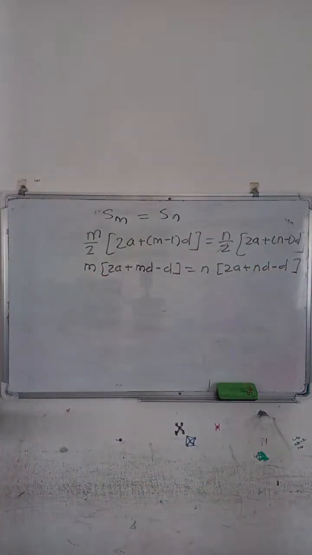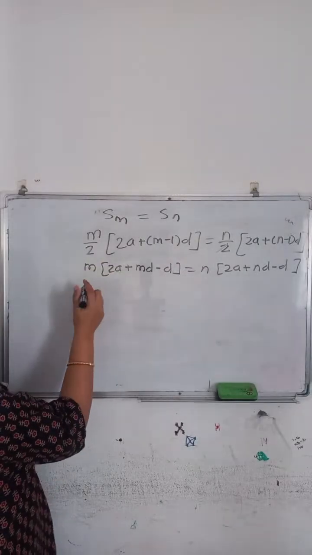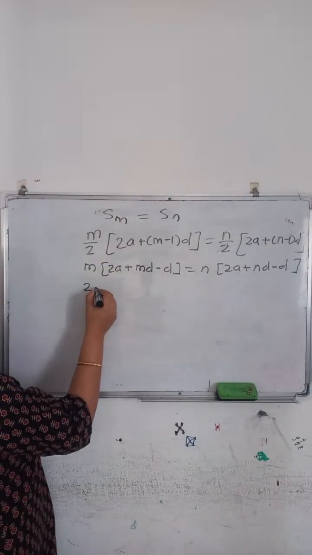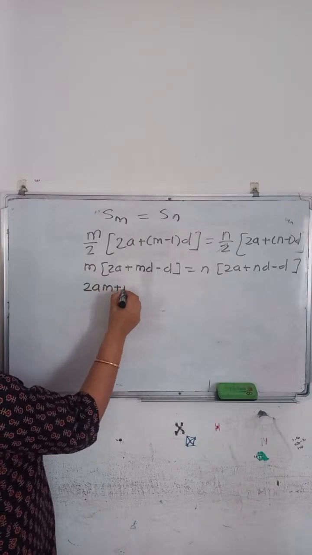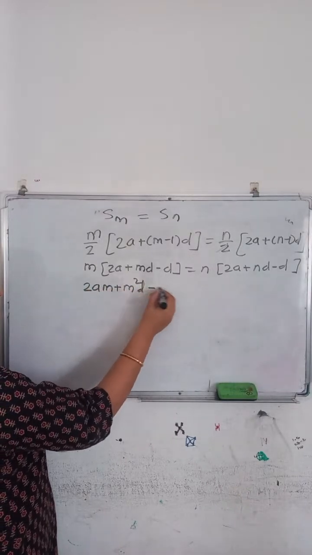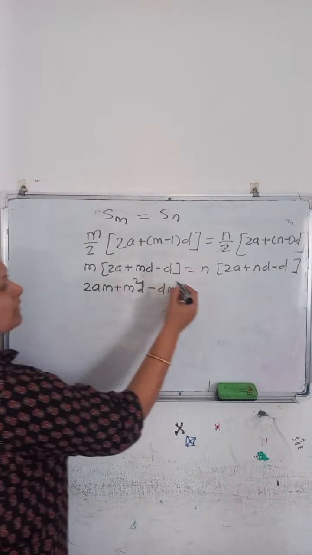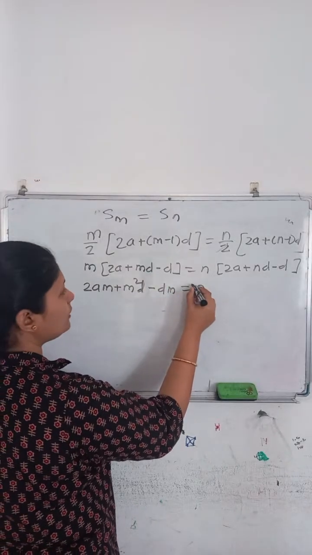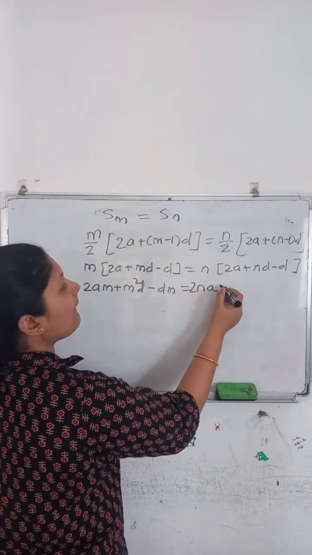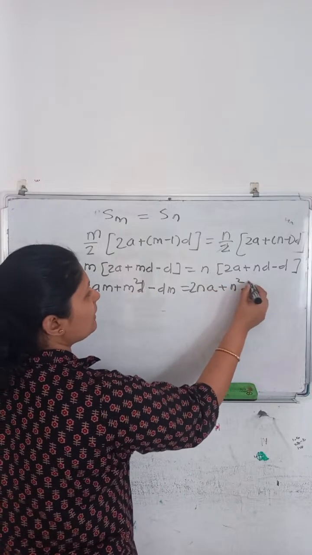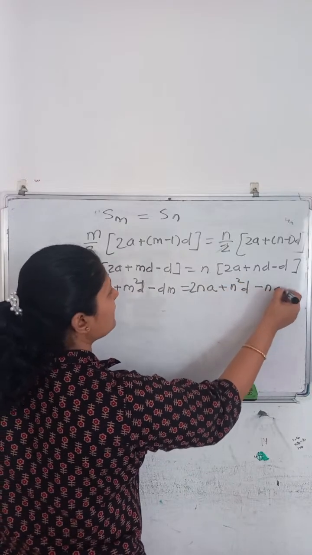If we multiply also, we will not get anything, no terms are common. Then what I will do, I will multiply this m inside this bracket. So 2am plus m square d minus dm is equal to 2na plus n square d minus nd.